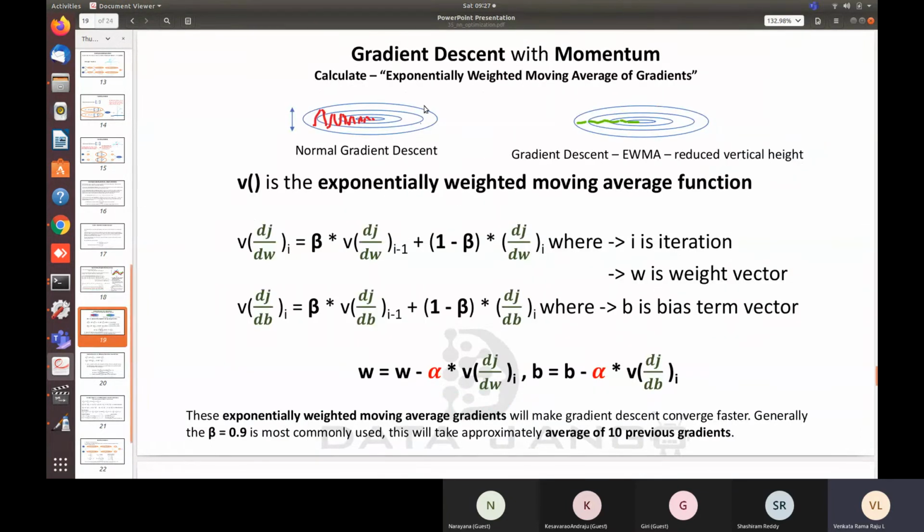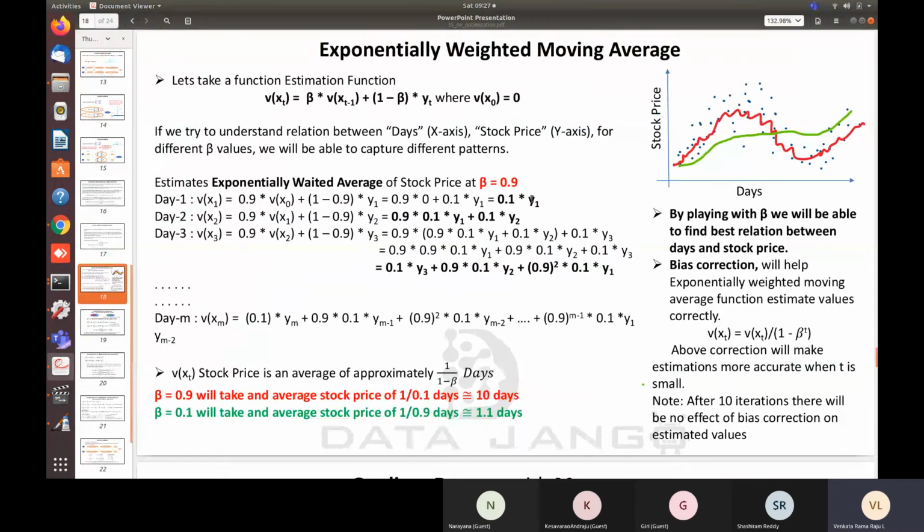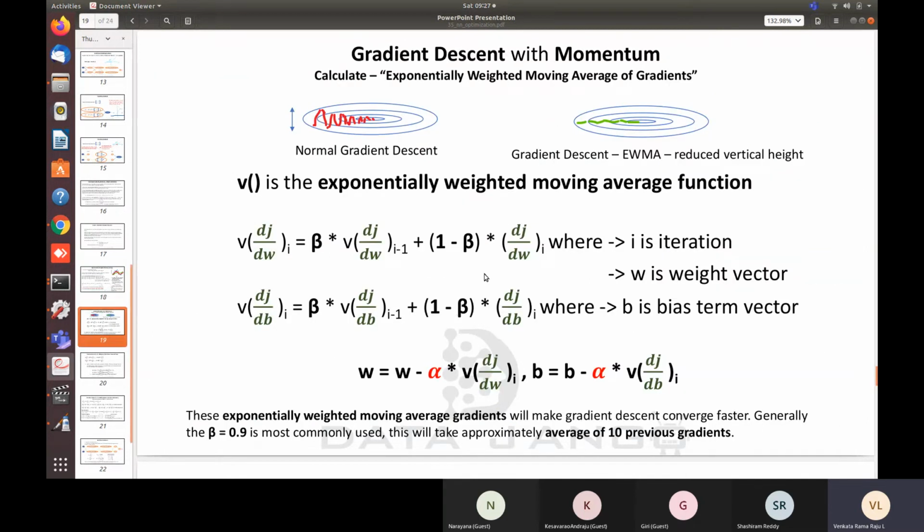So in momentum, we are not going to calculate the derivative directly. We are going to calculate V of derivative. Here x is the derivative. Beta into the previous gradient plus 1 minus beta into the current gradient. In this equation, you have the current value and the previously predicted value, so it is very suitable for our purpose.